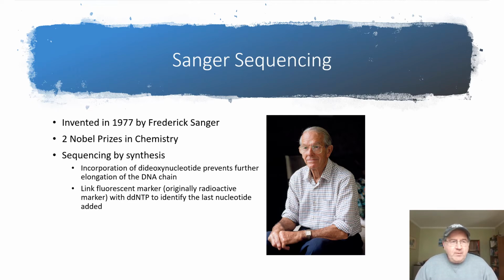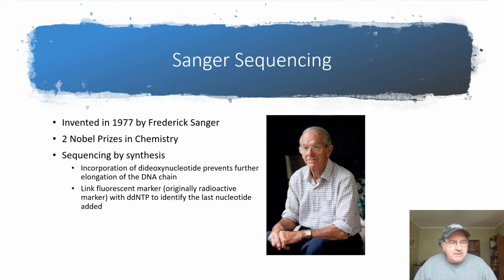And basically what it involves is copying DNA using a DNA polymerase, and providing the nucleotides, the deoxynucleotides that are the building blocks of DNA, but adding to that mix of deoxynucleotides, we add dideoxynucleotides.